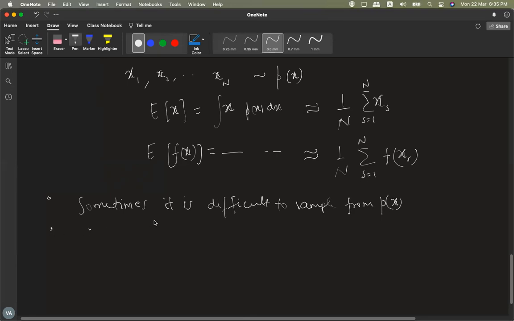Or sometimes p(x) is not given, but samples are given. So we have to first of all estimate p(x) and then sample from it, to get more samples.